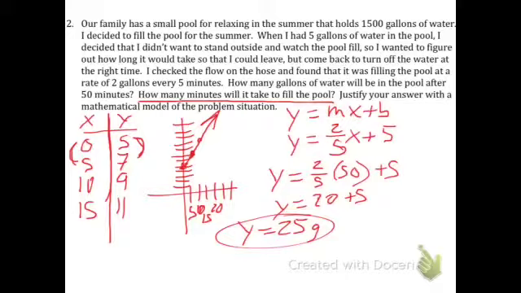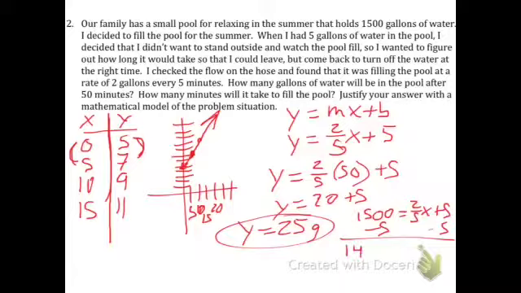Okay? Well, after you got that, you need to then figure out how many minutes it will take to fill the pool. We want the ending amount to be 1,500 gallons, and so you're going to plug that in for y into your equation. Okay, so 1,500 equals 2/5 x plus 5. You've got to solve for x, so subtract 5 to get 1,495.